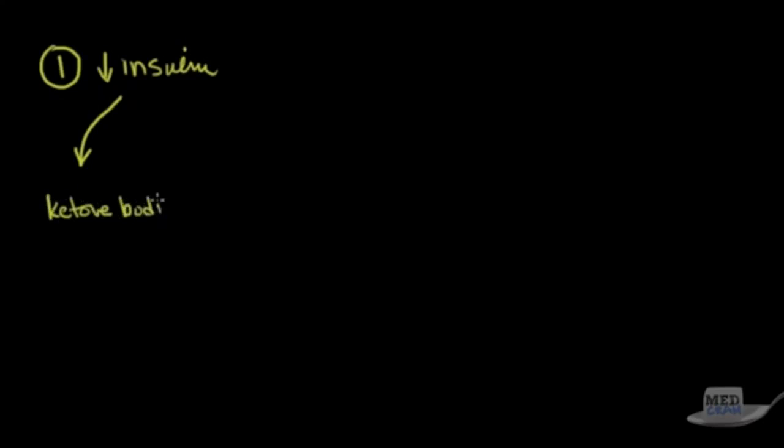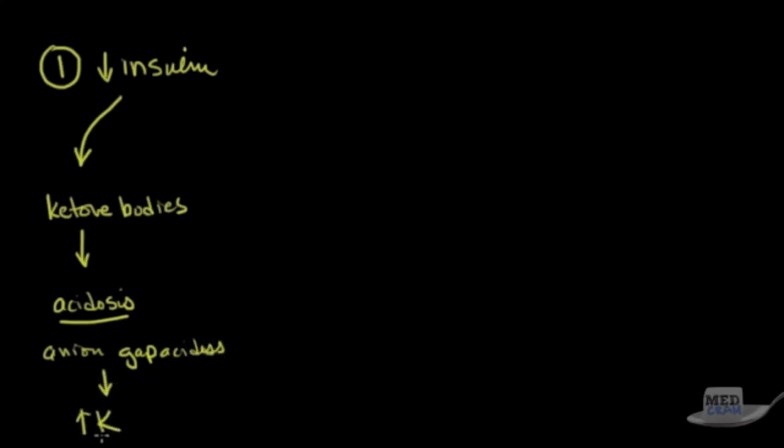That's very important. Okay, so let's review that. Number one, what we're going to see here is low insulin. And as a result of that, this is what we're going to see. Low insulin leads to ketone bodies, which is going to lead to acidosis, specifically an anion gap acidosis, which is going to lead to increased potassium.